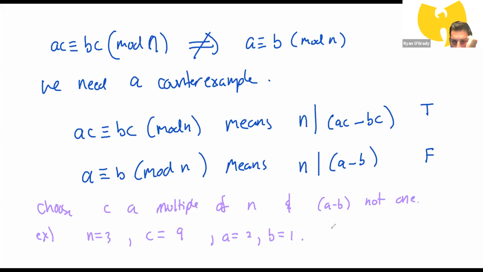Does 3 divide 18 minus 9? And the answer is yes. Does 3 divide 2 minus 1? And the answer is no. So there you go, there's one example. Now find one different than that. I pretty much gave the problem away.